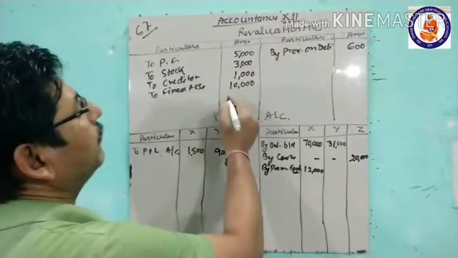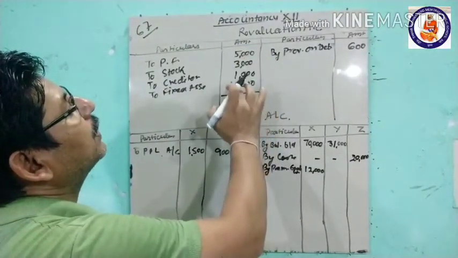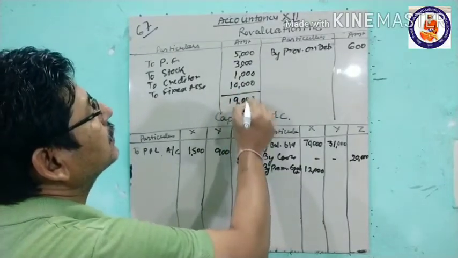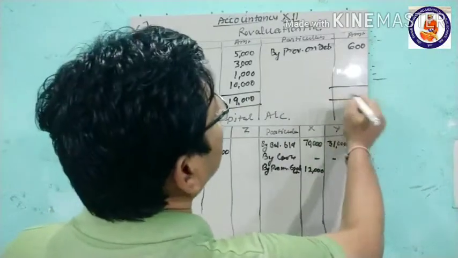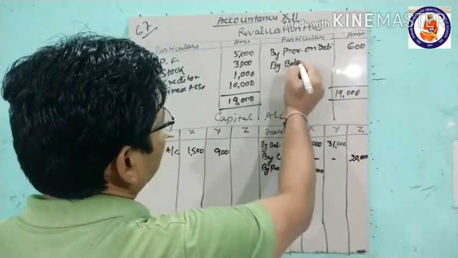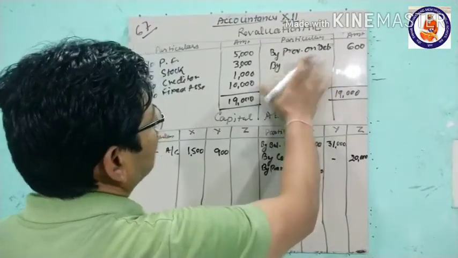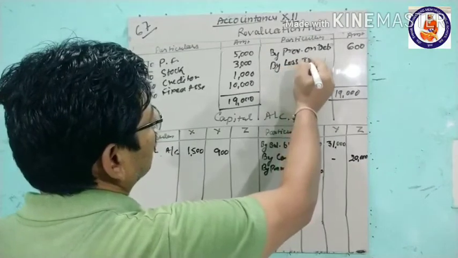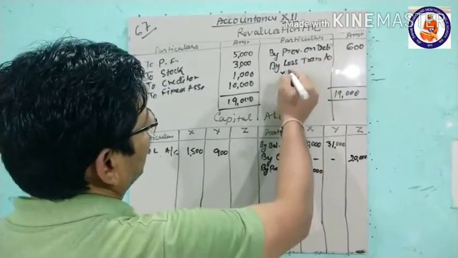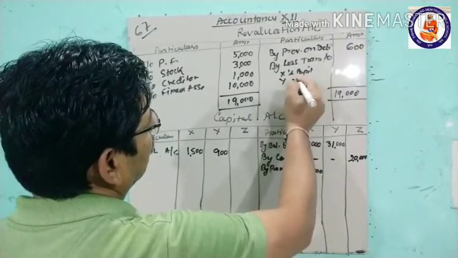Now we'll take the balance here. What is the balance of this? Total, first of all, total 10, 11, 14, 19. This is 19,000 and 90,000 by balance, balancing gain or loss transferred to X, Y, X capital account, Y capital account.